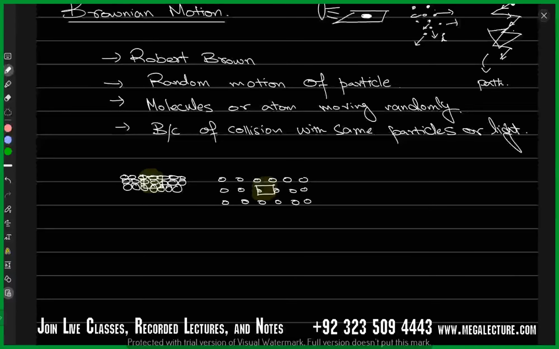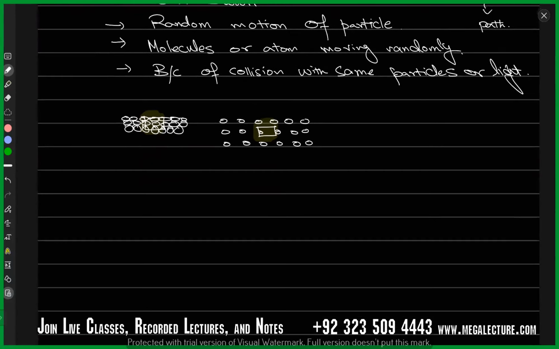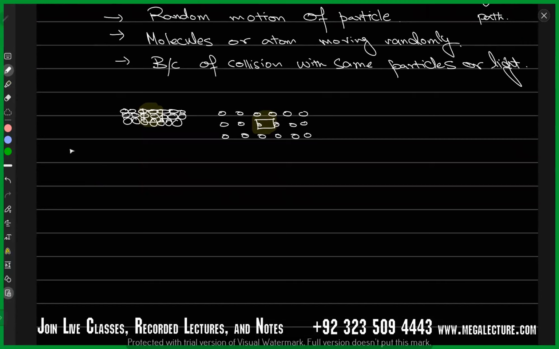So that's Brownian motion. And now let's also talk about temperatures, right? And how temperatures are related to the kinetic energy of particles. We have talked about this slightly before as well. Temperature and kinetic energy.